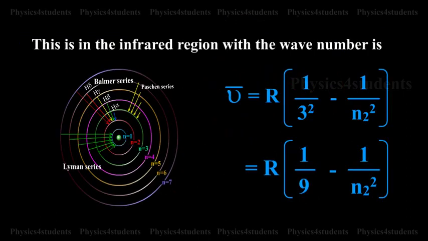This series is in the infrared region with the wave number given by nu bar is equal to R into (1 by 3 square minus 1 by n2 square), that is equal to R into (1 by 9 minus 1 by n2 square).